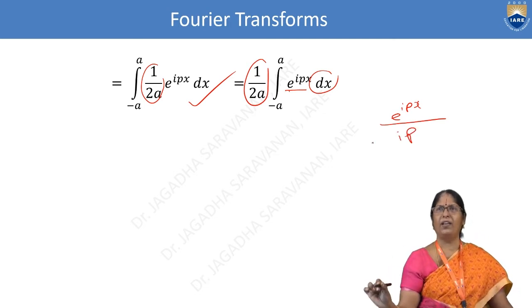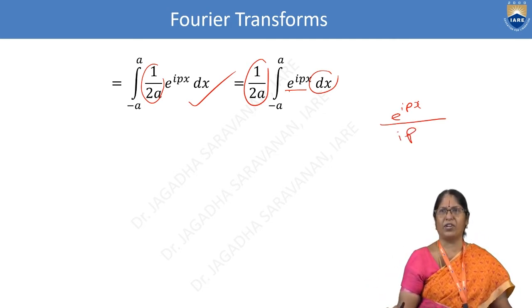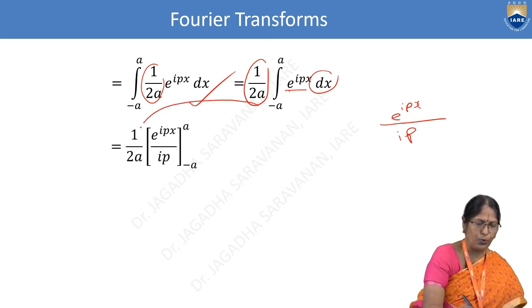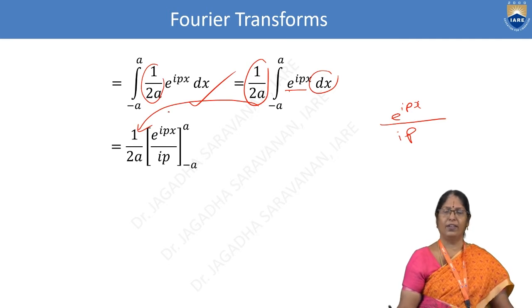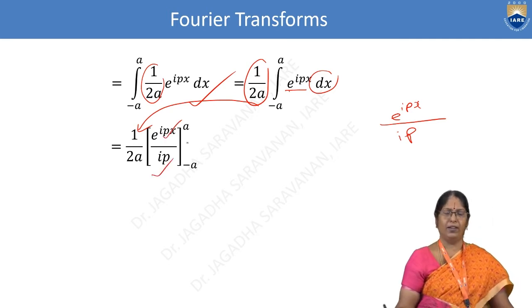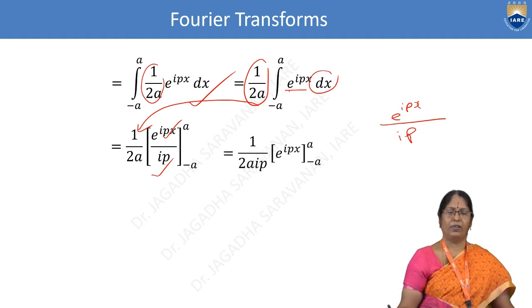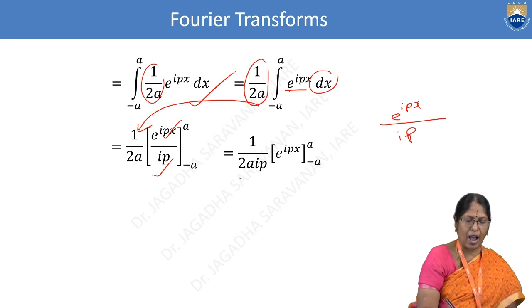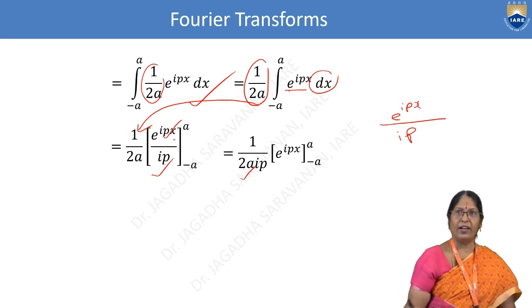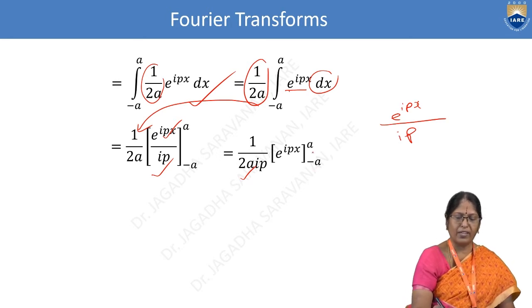This is a very simple way to remember the integration. Now with the 1 by 2a, it is written as e power ipx divided by ip, from minus a to a. So 1 by 2a ip, e power ipx from minus a to a.